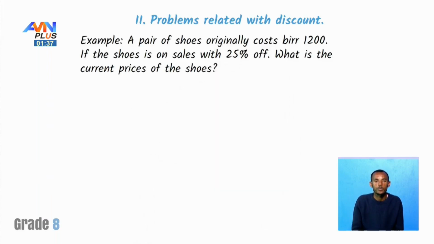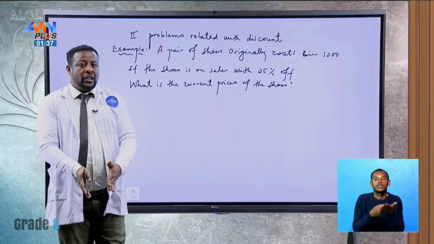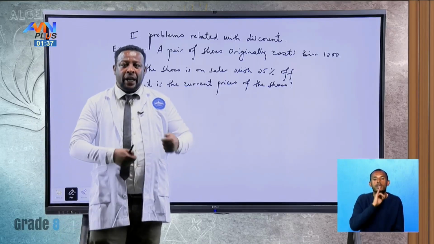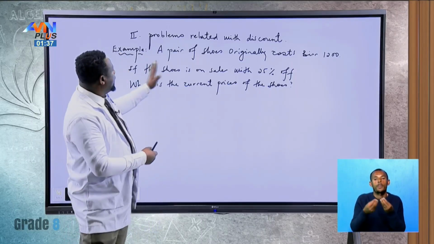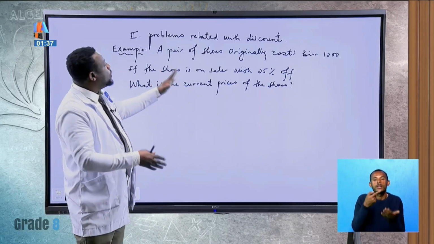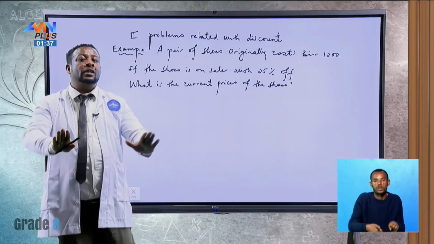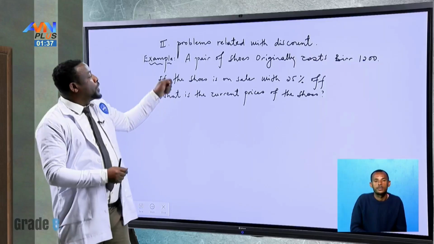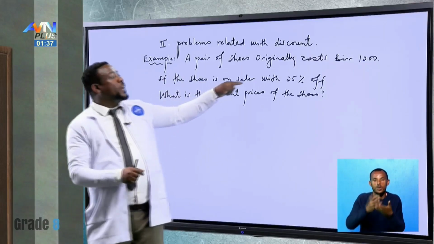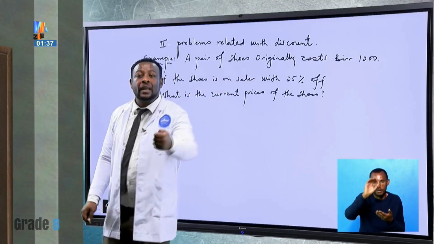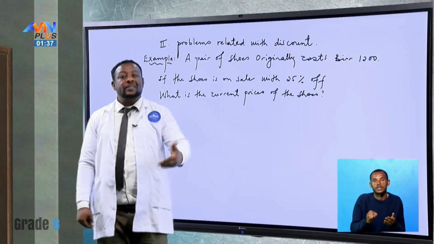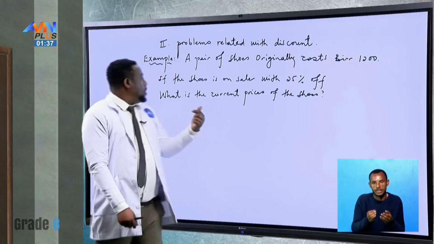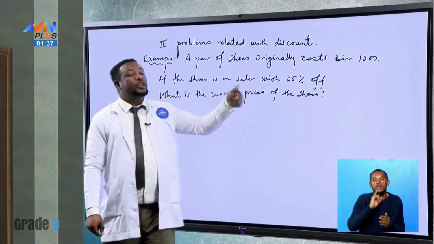Okay, here in this question there is a shopping. There is a pair of shoes that originally costs 1,200 birr. If the shoe is on sale with 25% off, meaning that there is 25% discount, what is the current price of the shoe?